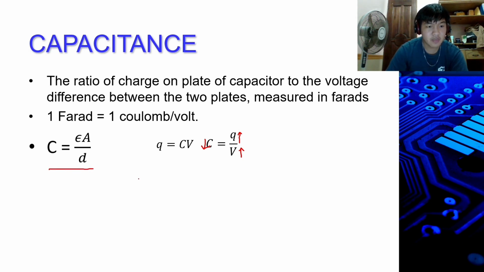So this is the formula that we're gonna use to find capacitance based on the parameters in the construction: C is the capacitance measured in farad, epsilon is the permittivity of the dielectric material, A is the area, and D is the distance.